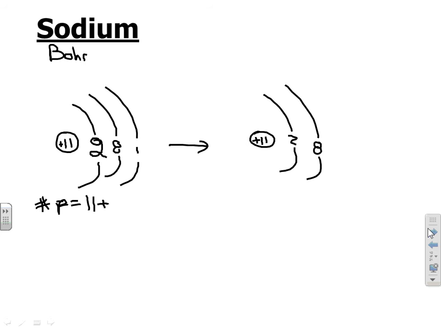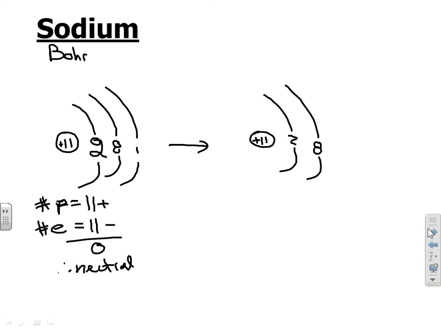This thing also has 11 electrons, 11 negatives. If I add those charges up, what's positive 11 plus negative 11? 0. Therefore, it is neutral. That's what we call a neutral atom.